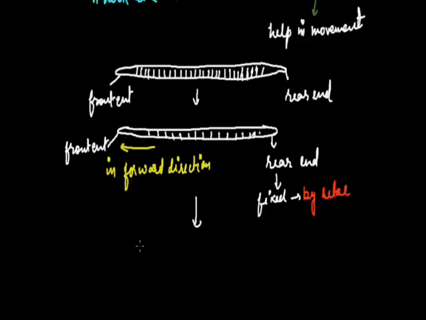In the next step, with the help of seta, earthworm fixes its front end and it releases its rear end.